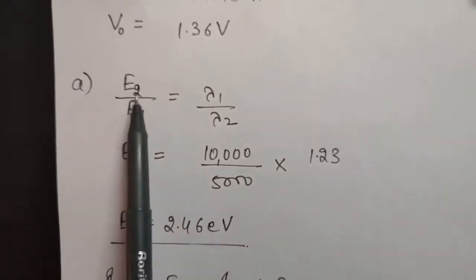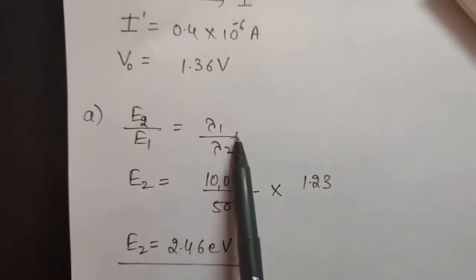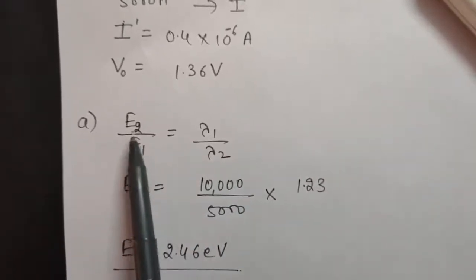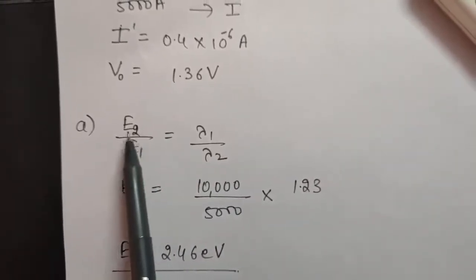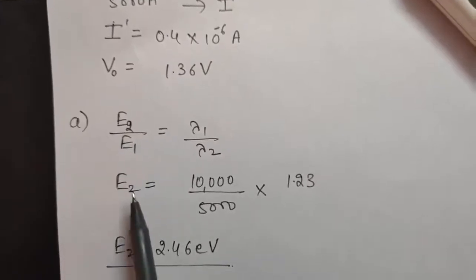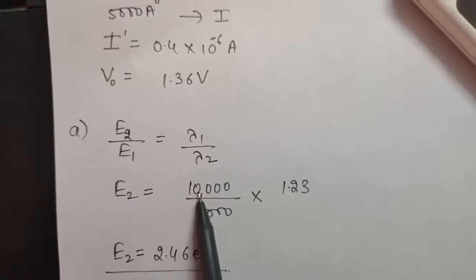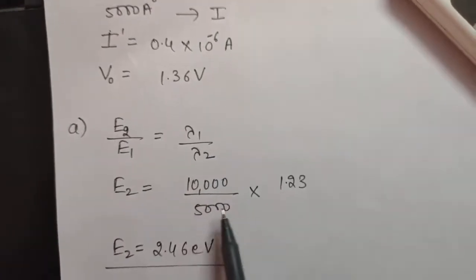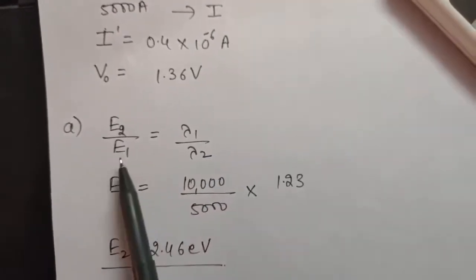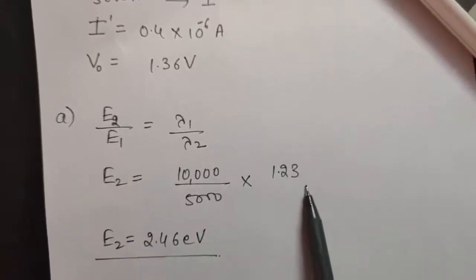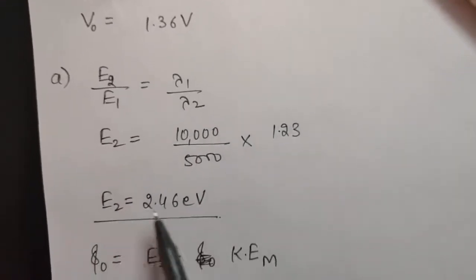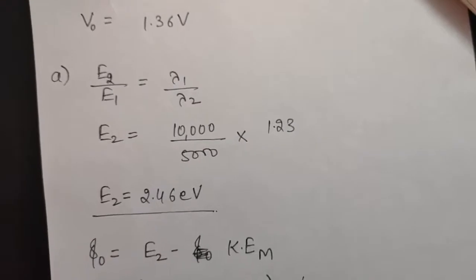So if I divide E2 by E1, that will be lambda 1 by lambda 2. So E2 I am calling the energy of incident light. E2 will be equal to lambda 1 upon lambda 2, that is lambda 1 is 10,000 upon lambda 2 is 5,000 into E1, which is given to be 1.23 electron volt. From there, E2 will come to be 2.46 electron volt.